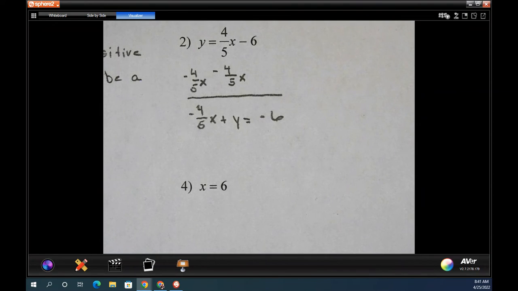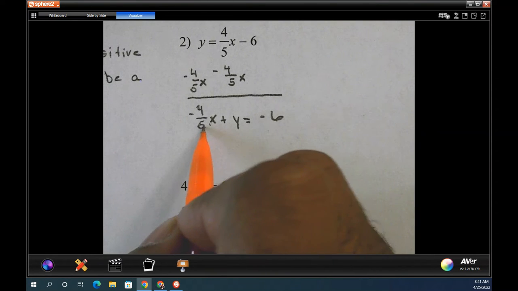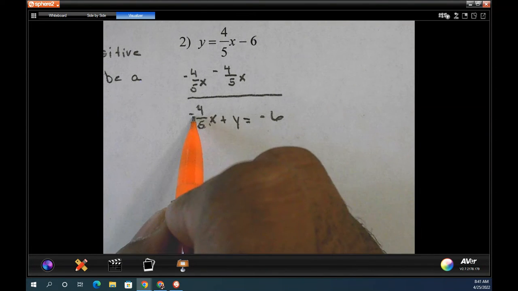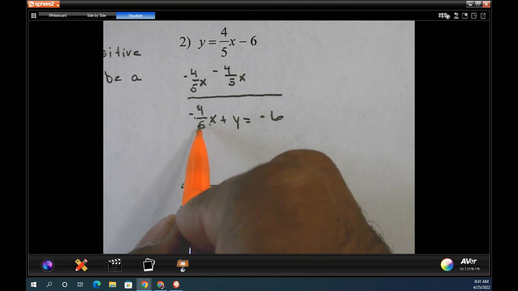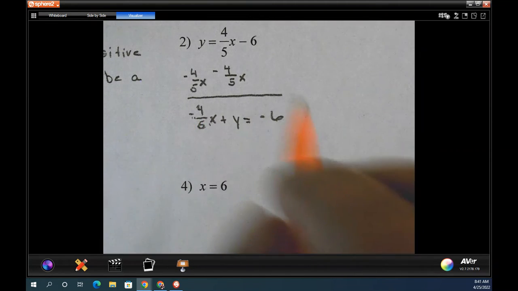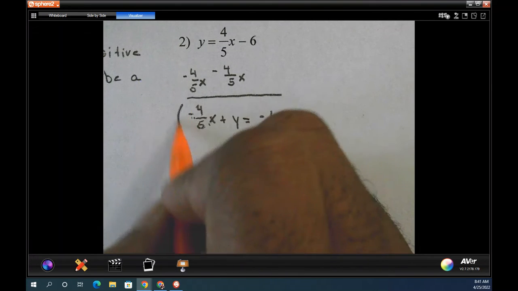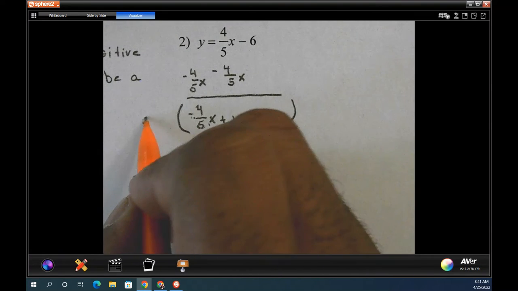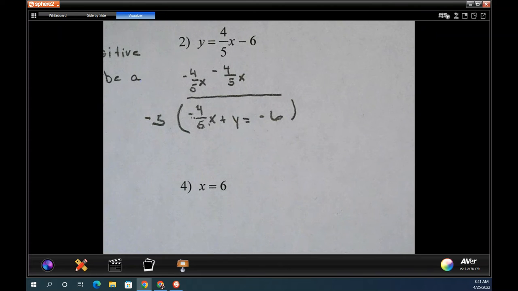Now, once again, double trouble. We got a fraction that's negative. So we're going to multiply by negative 5, because that's what's in the denominator. If this was positive, we would just multiply by 5. So we're going to multiply that by negative 5 to get rid of the negative and the fraction.